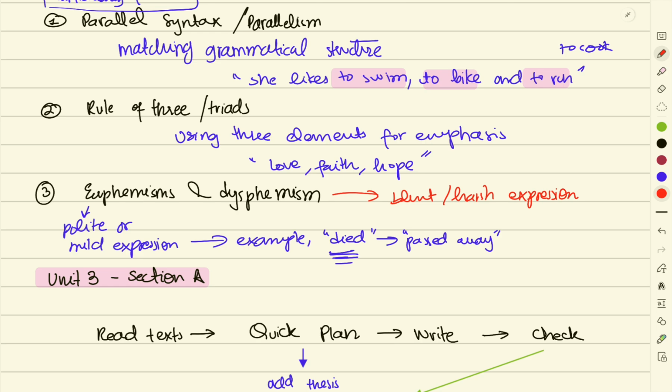Meaning for euphemism, you're using a polite or mild expression to not give the other person a shock or to offend them, but you use dysphemism, a harsh or blunt expression, to criticize, shock, or offend someone.